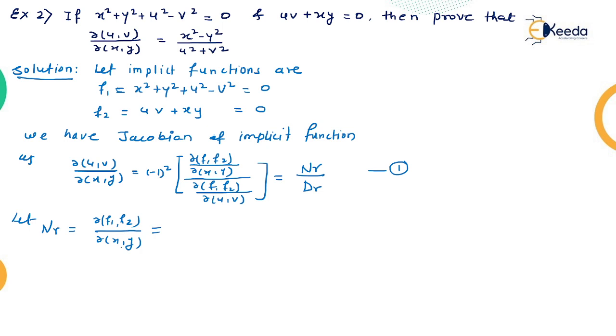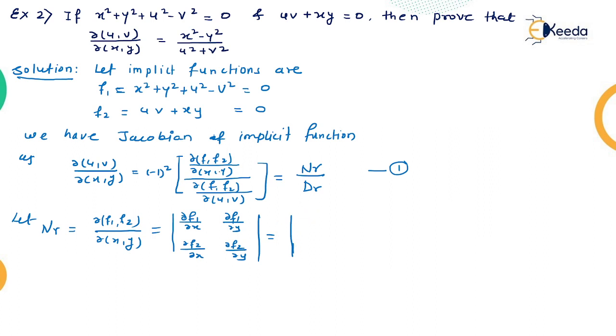So this is the determinant of del f1 upon del x, del f1 upon del y, del f2 upon del x, and del f2 upon del y. I am writing the partial differentiation directly in this determinant.